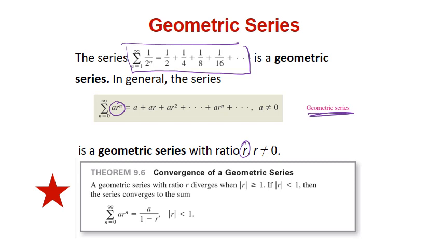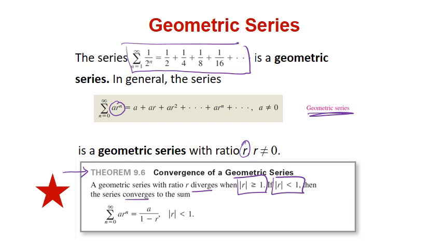So it's nice to, again, have a list of different theorems. Since this one's pretty common, you might want to continue that list of theorems. So it says a geometric series with ratio R diverges when the absolute value of R is greater than or equal to 1, and if it's less than 1, then it converges.